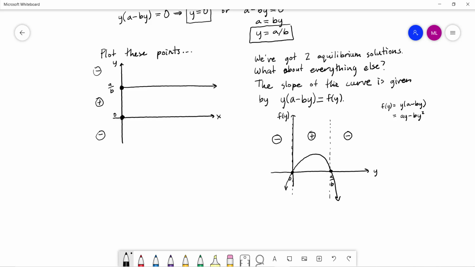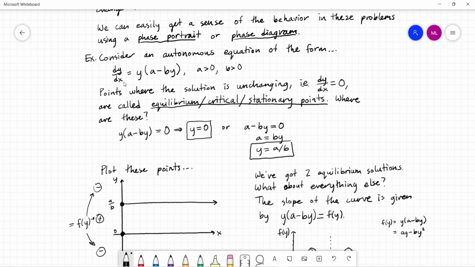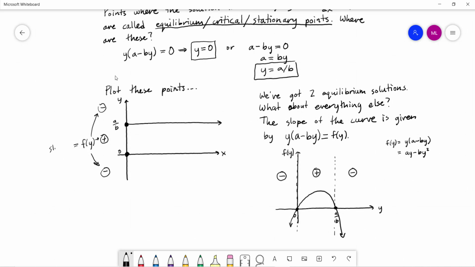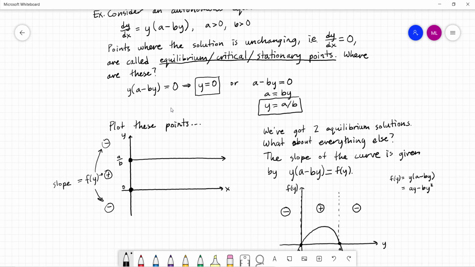What that tells me is over here, these are the values of f. Right? This is our f of y. What is our f of y? Our f of y, this piece over here, is the slope. So I figured out where the slope is positive or negative by just graphing the right-hand side of the original equation, right here.